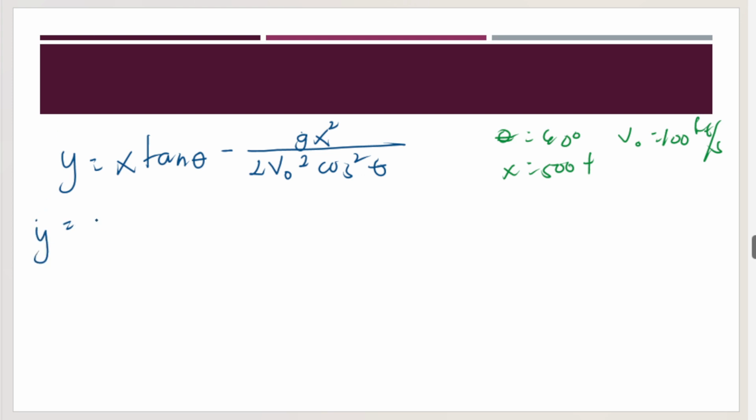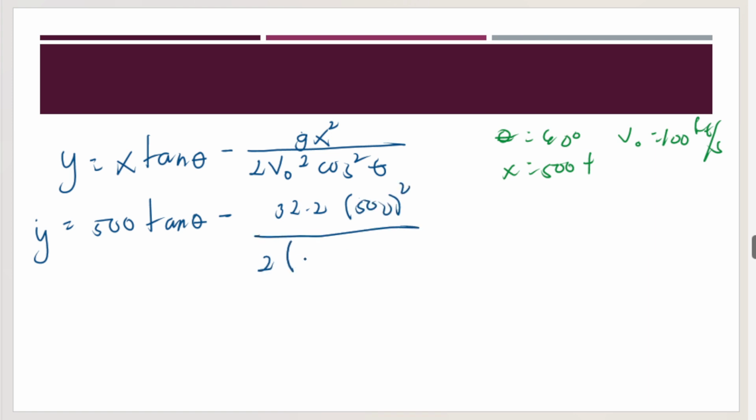Y is equal to 500 multiplied by tangent theta minus, so we have that g, alam natin na ito ay 32.2 feet per second squared kasi tayo gumagamit ng feet per second na velocity, multiplied by x na, ano to, 500 squared, yan, over 2 multiplied yung ating velocity na 100 squared, then cosine squared 60.